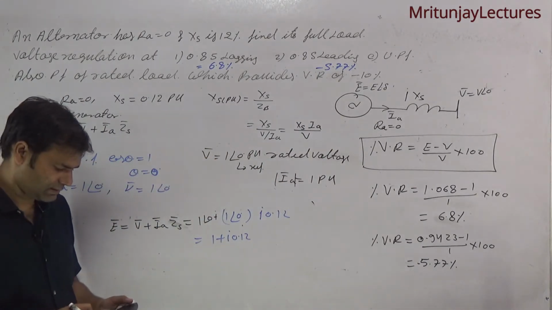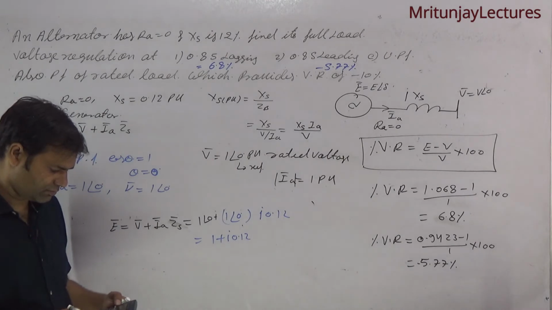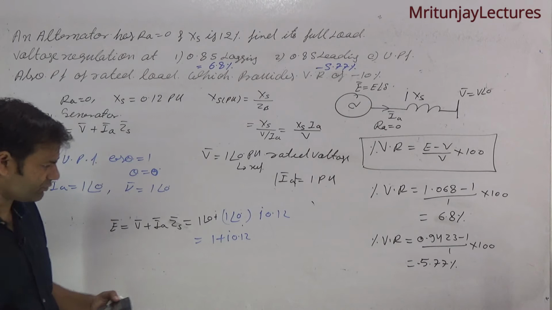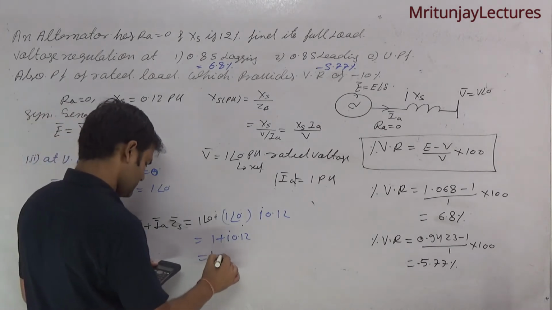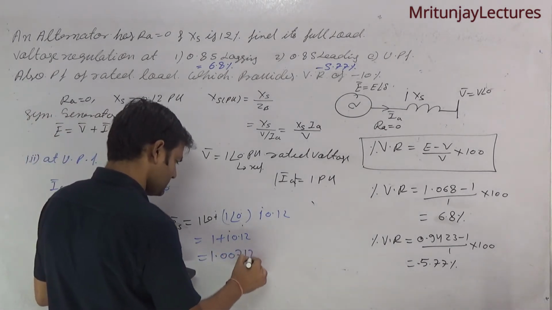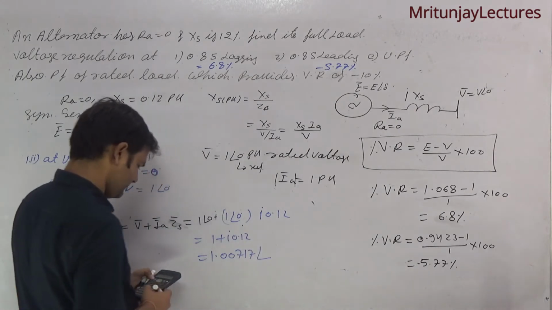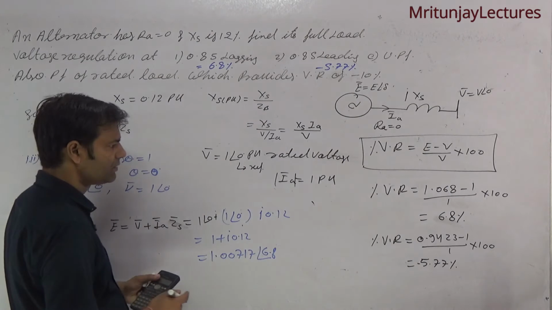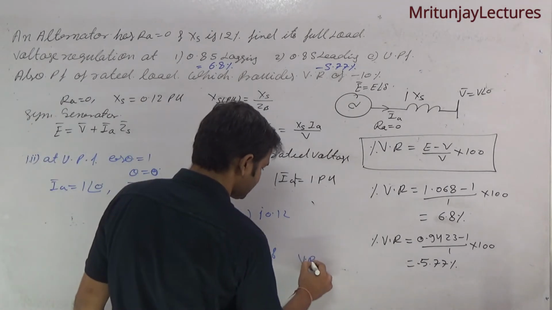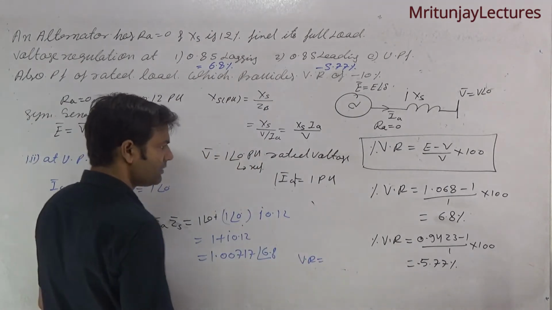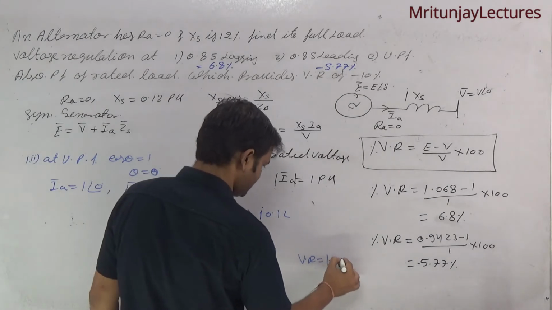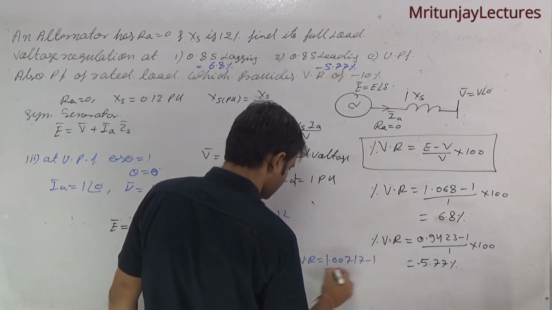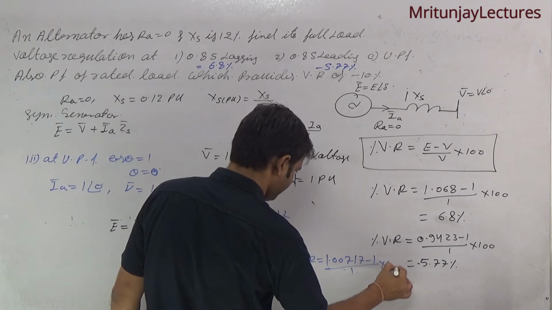1 plus 0.12j is converted into 1.00717 at the angle 6.8 degrees. So what about voltage regulation corresponding to this condition? 1.00717 minus 1 divided by 1 into 100.